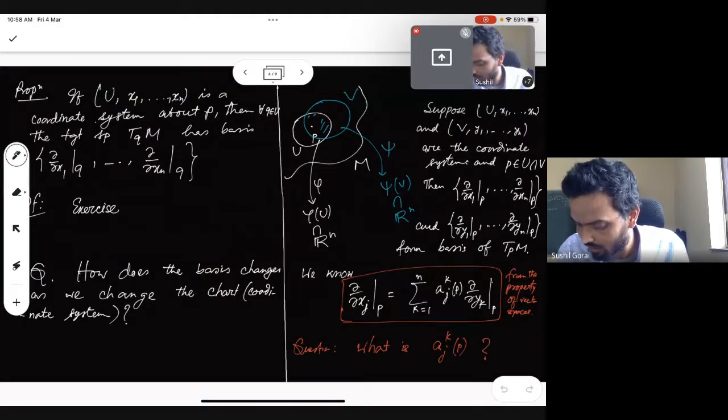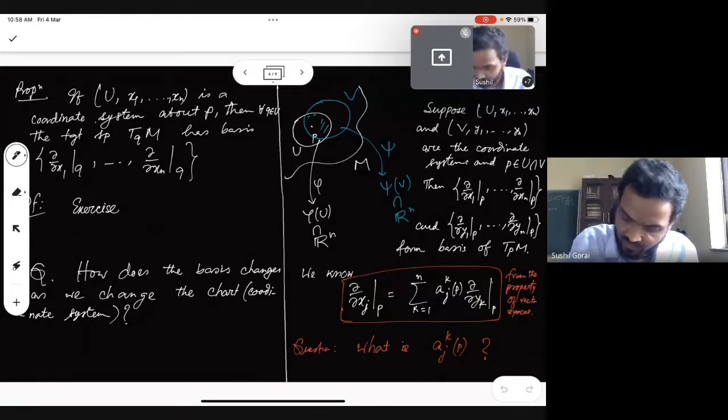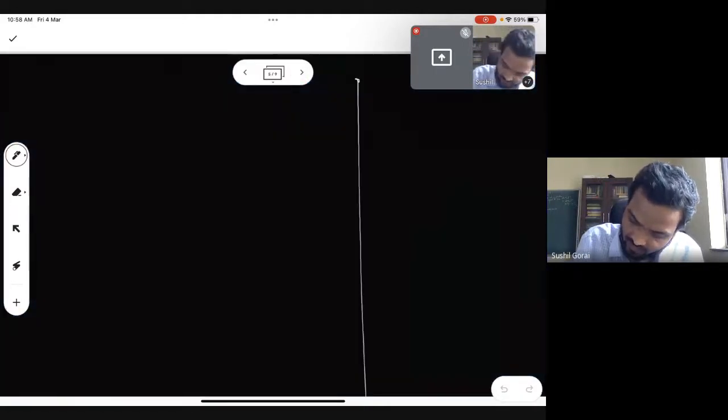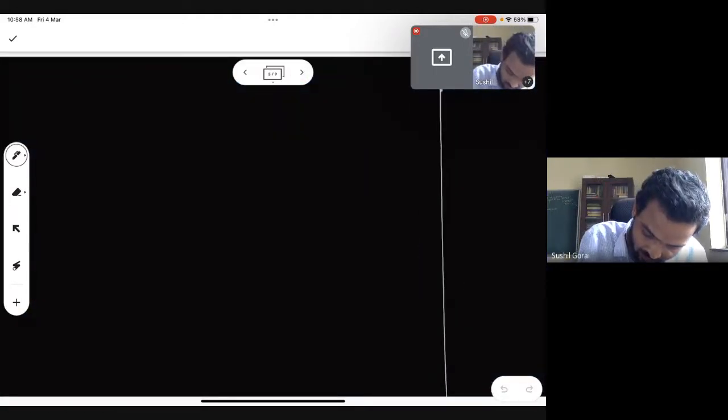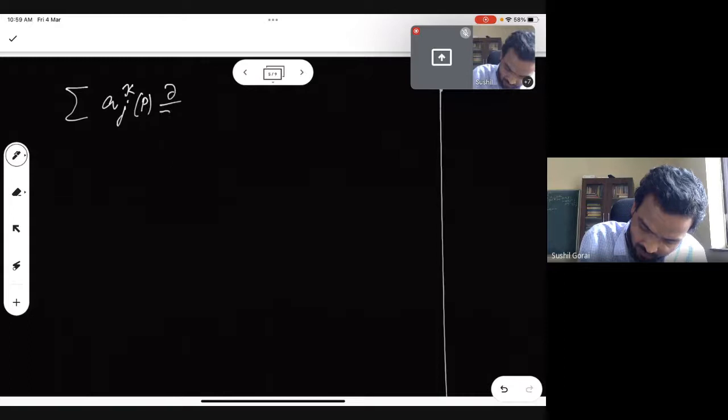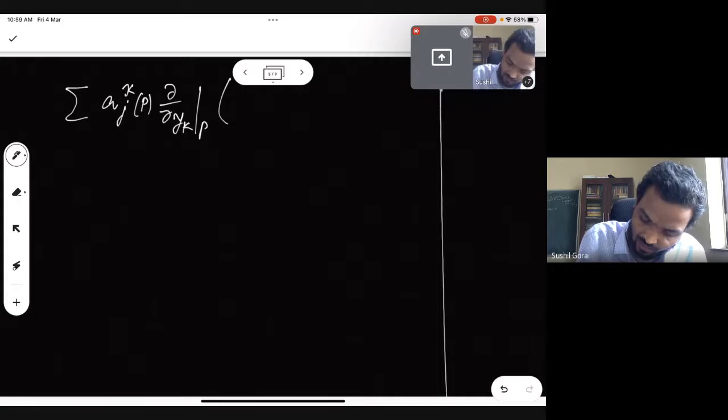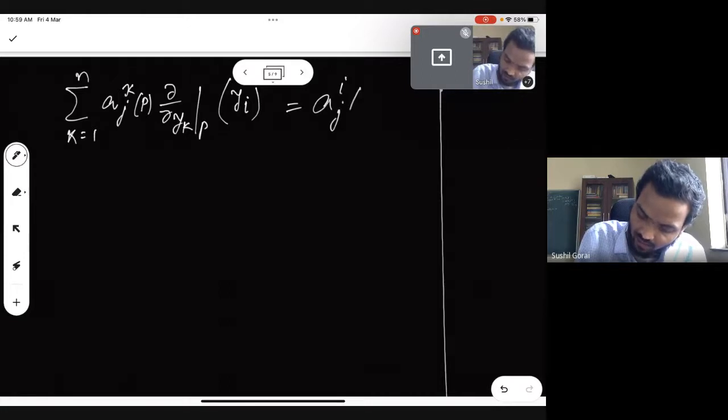Let's find what a_ji is. Summation a_kj at p del by del yk at p, we apply on the function yi, with k from 1 to n, and this is nothing but a_ji at p.